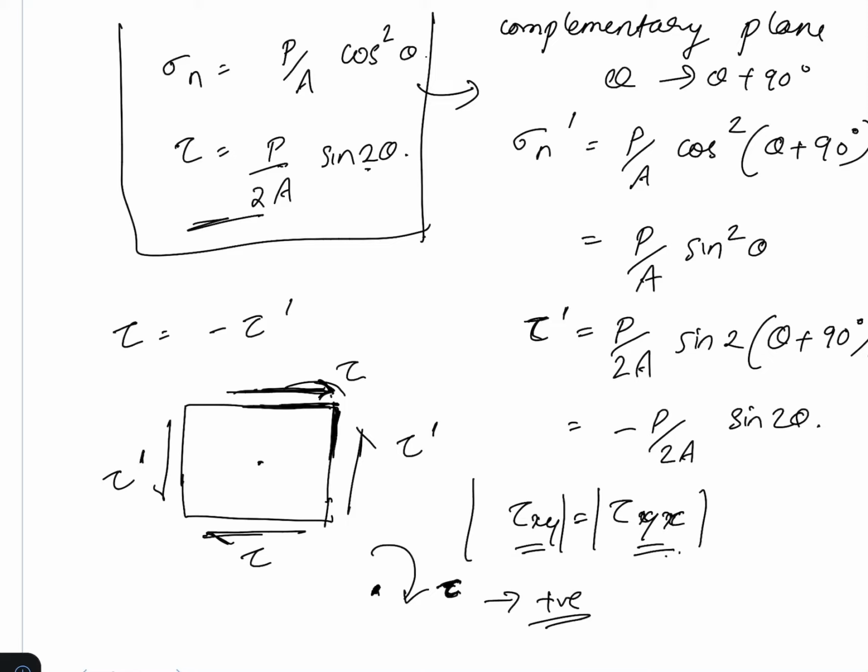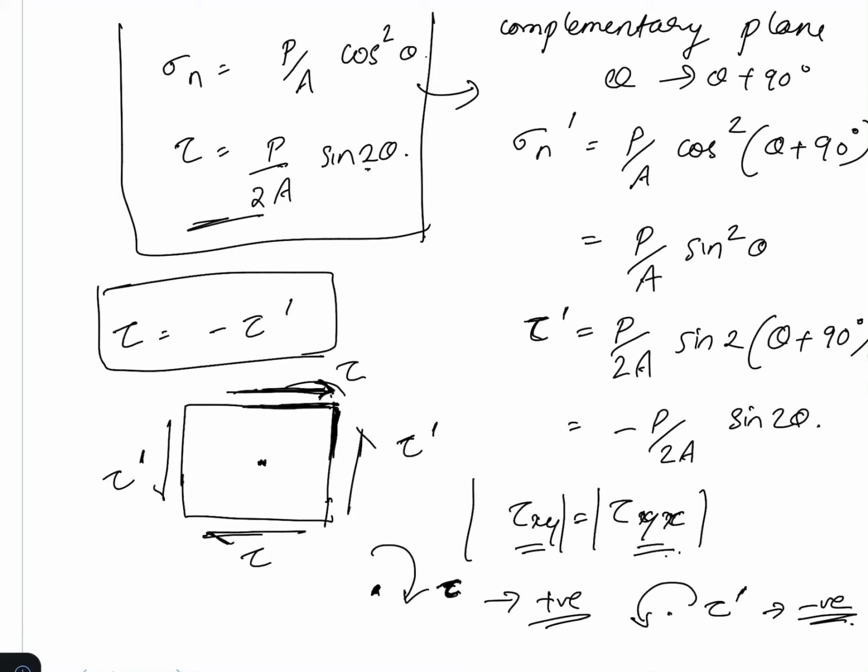And tau dash, from the center, is creating a negative moment like this, so this is represented as negative. So we will have tau equal to minus tau dash, and they are equal in magnitude. That is what we mean by complementary stresses.